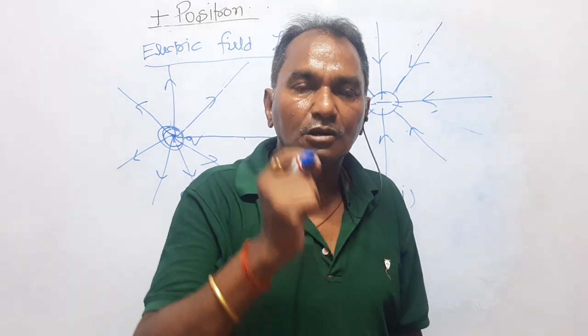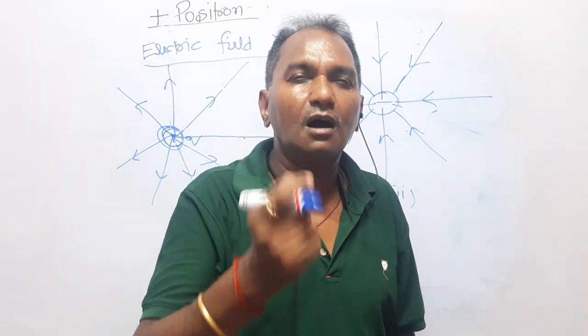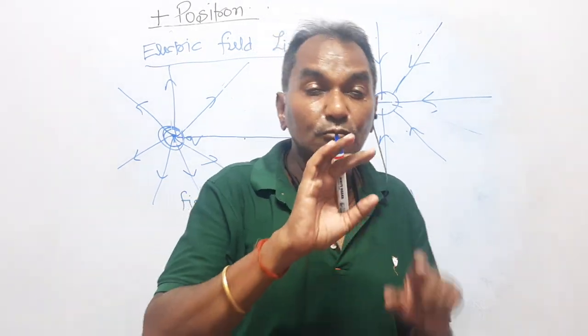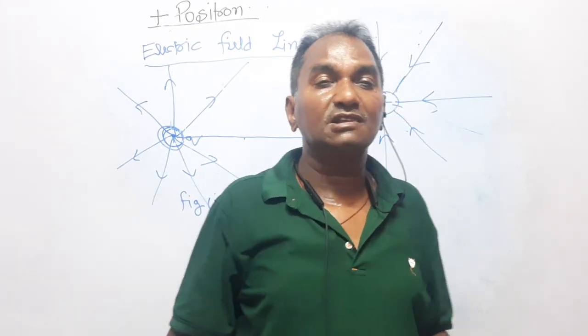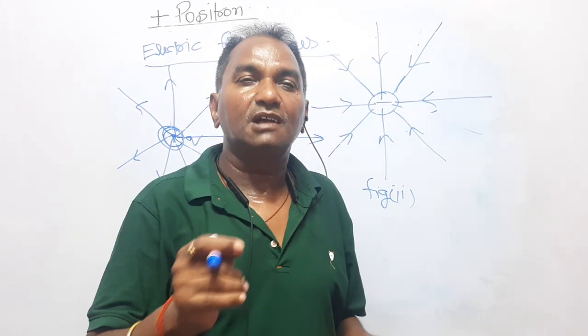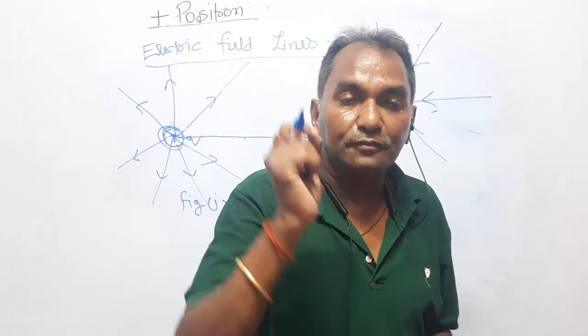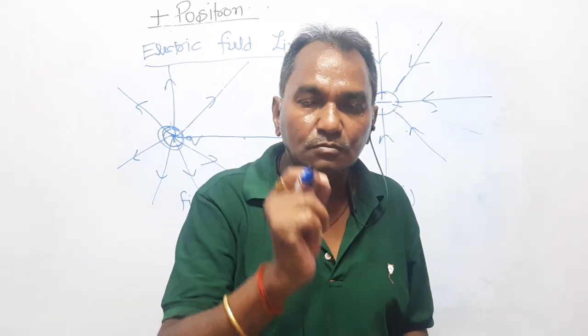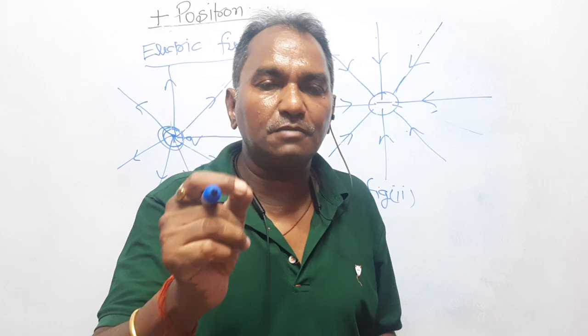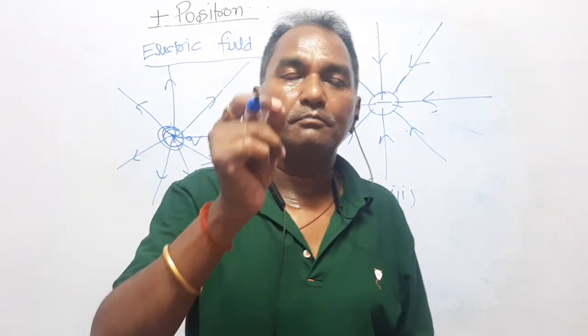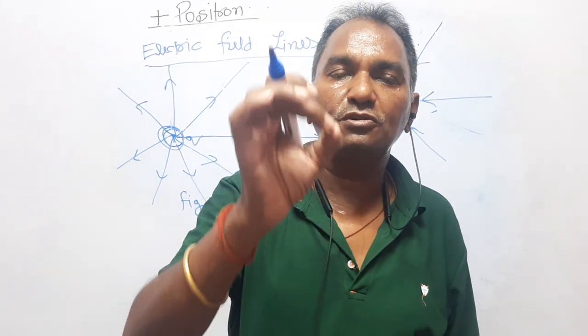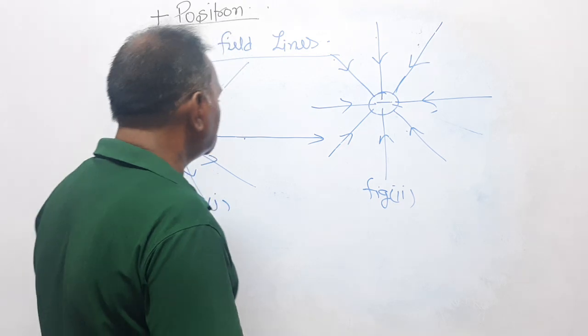Field lines are those smooth curves in the case when there are two charges. If there is an isolated charge, then it is a straight line. So field lines are those smooth curves or straight lines on which a positive test charge used to travel freely. The field lines are what?